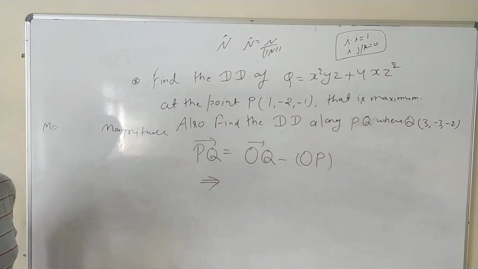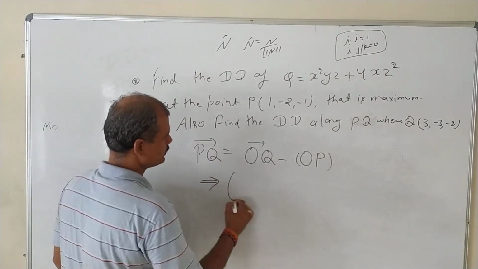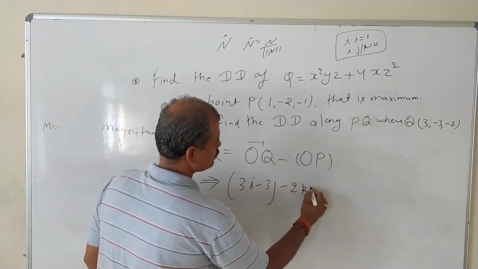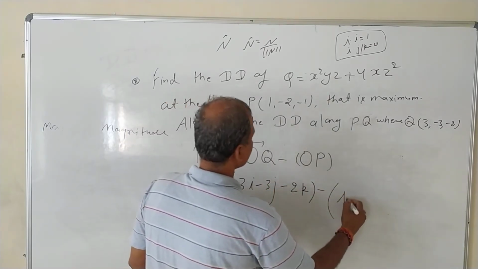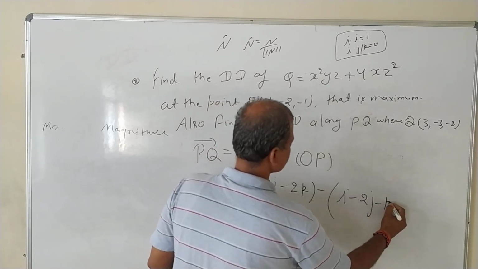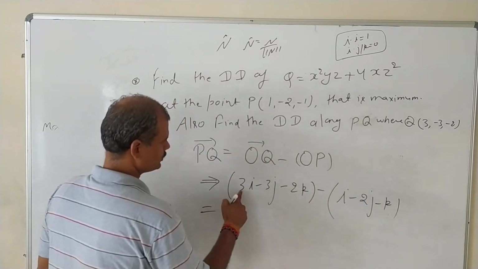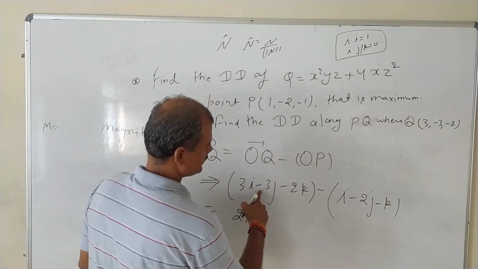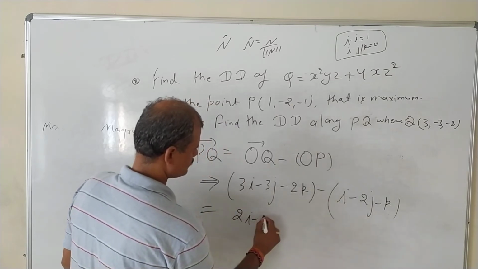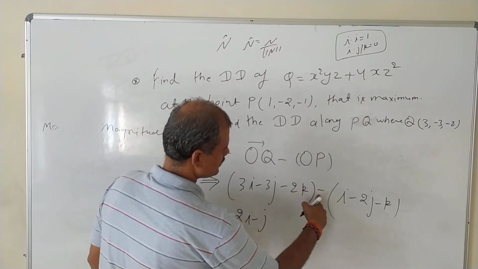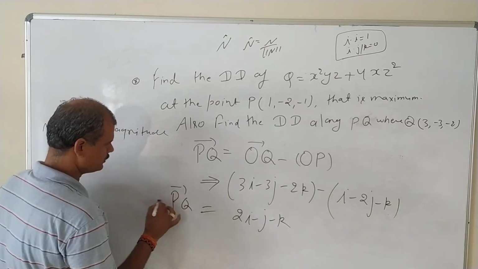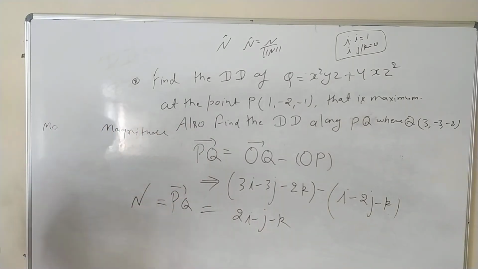OQ minus OP, so OQ is 3i minus 3j minus 2k, minus (i minus 2j minus k). So 3i minus i, we get 2i; minus 3j plus 2j, so minus j; minus 2k plus k, so minus k. So this is your given direction PQ. Let us take it as n. So n equals 2i minus j minus k.